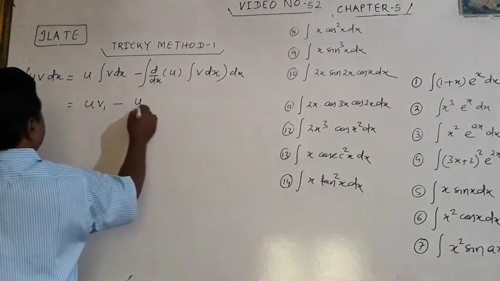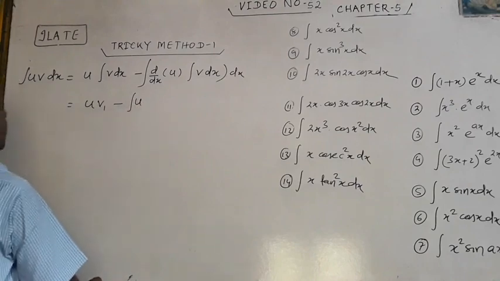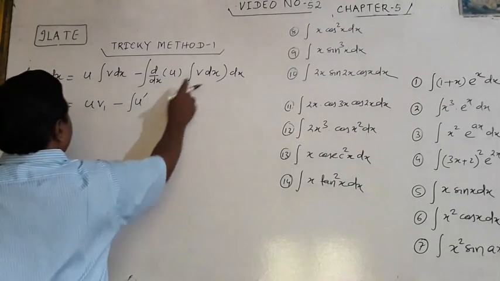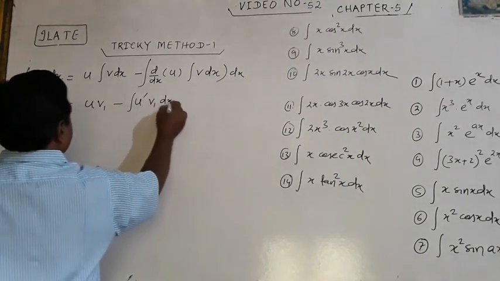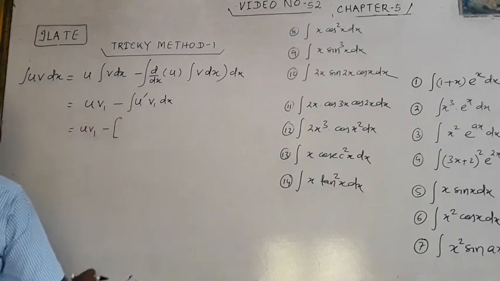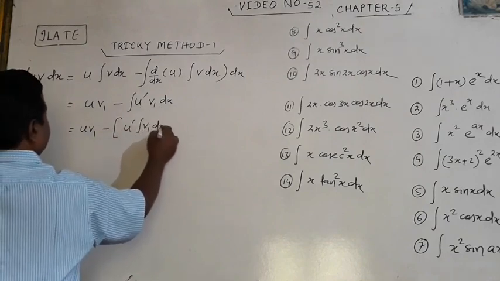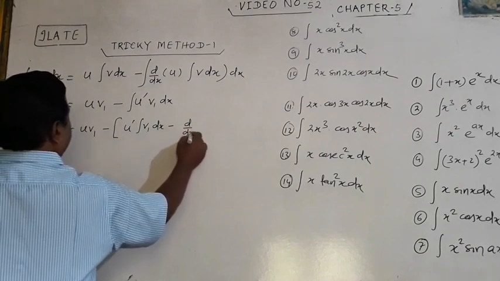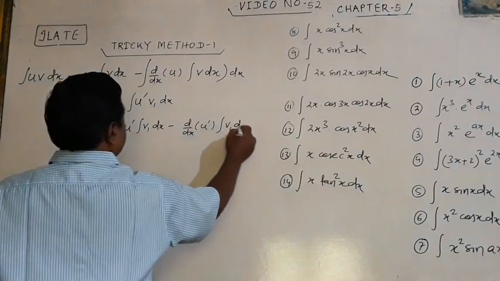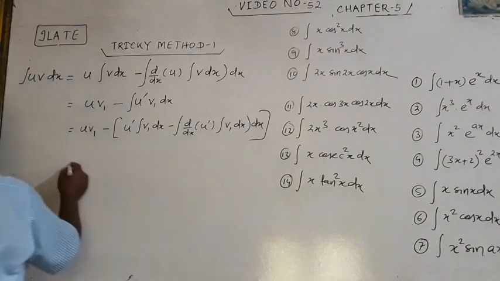Derivative of u, I am taking it as u dash, and integration of v as v1, dx. It is u v1 minus, what I will do? This into this: first integration second minus derivative of first into integration of second, whole integration.